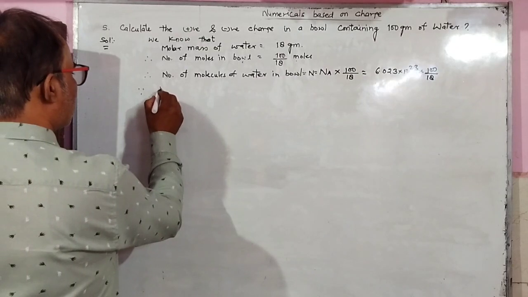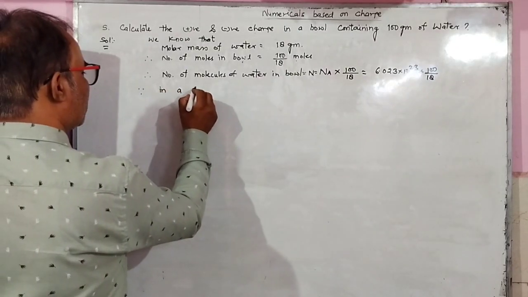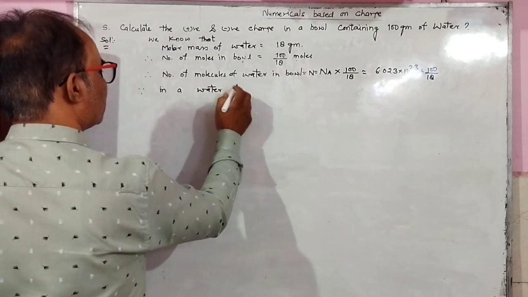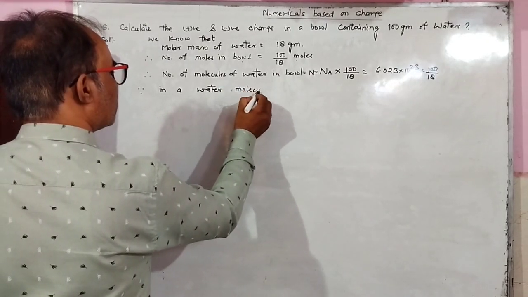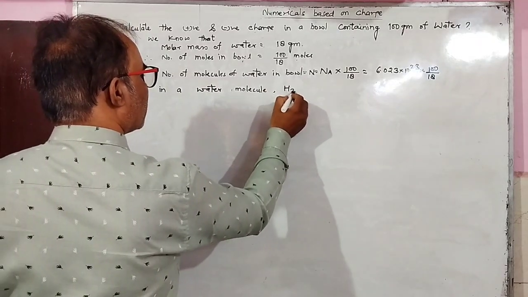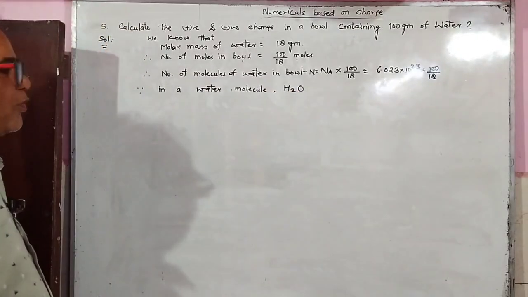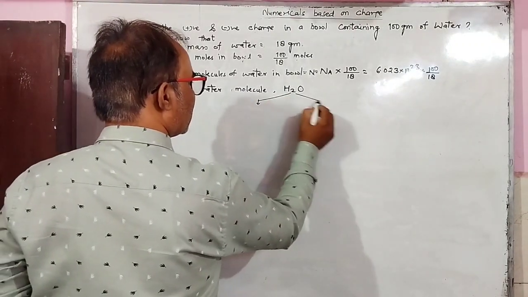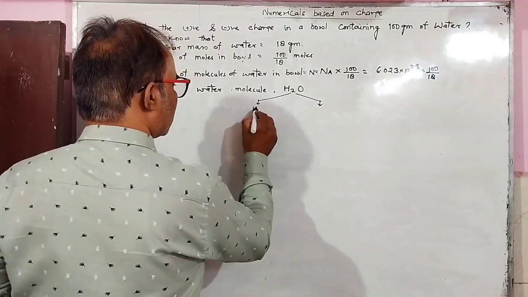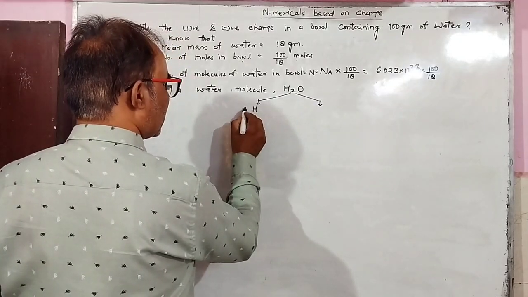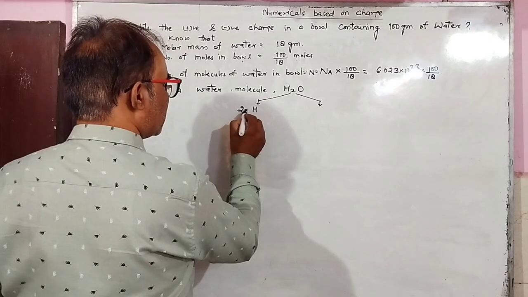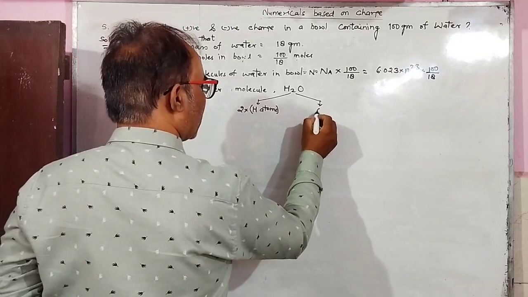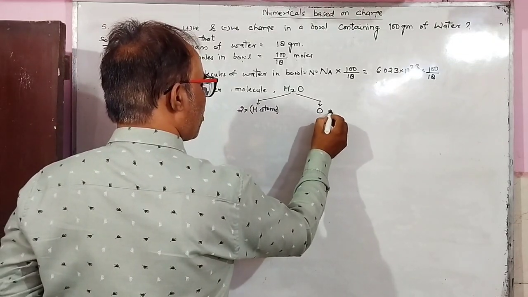Okay, so since in a water molecule, अब हम बात करेंगे water के molecule की. In a water molecule, water molecule has 2 hydrogen atoms and 1 oxygen atom.